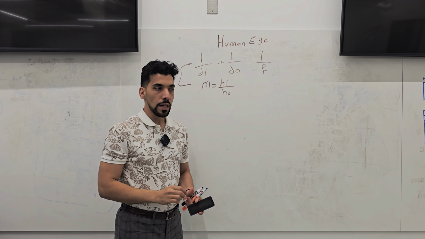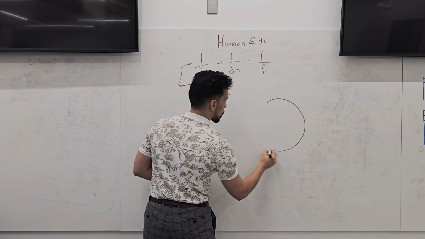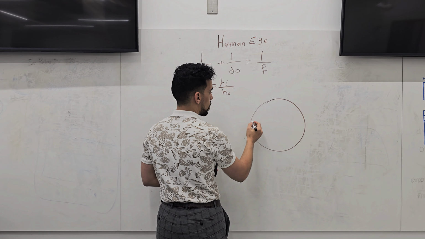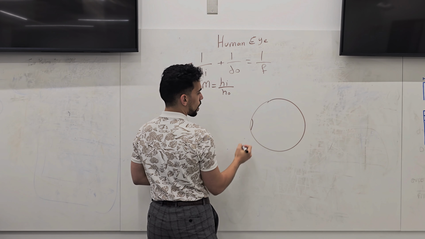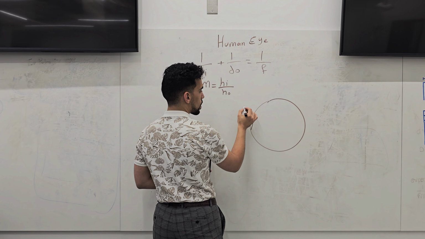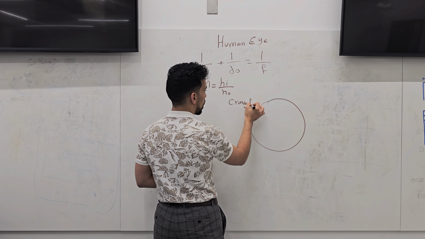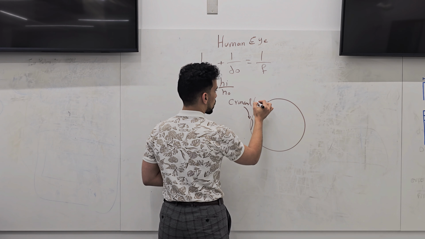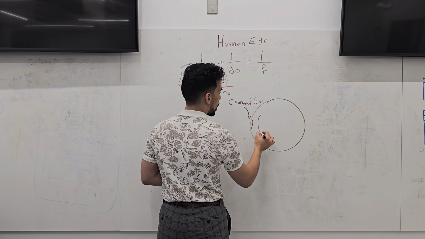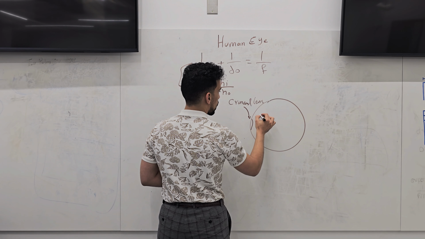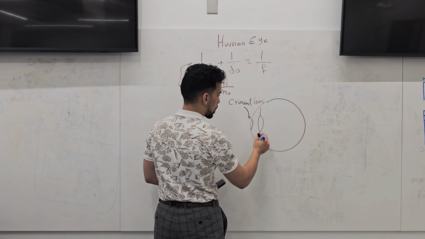So now for the human eye, simply you can have a circle like this. The front part we call the corneal lens, then we have the crystalline lens.